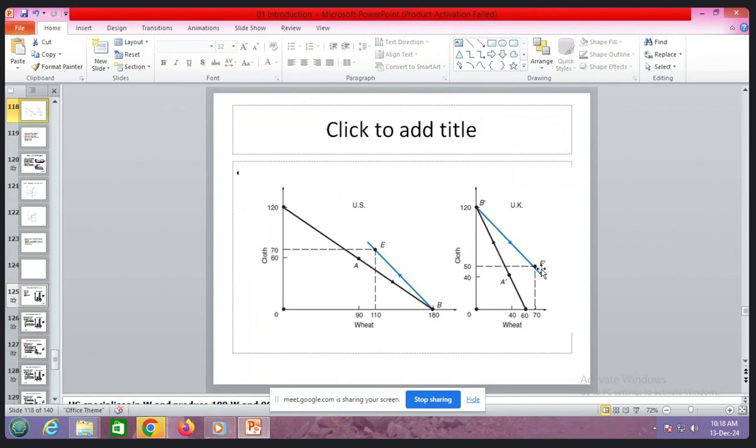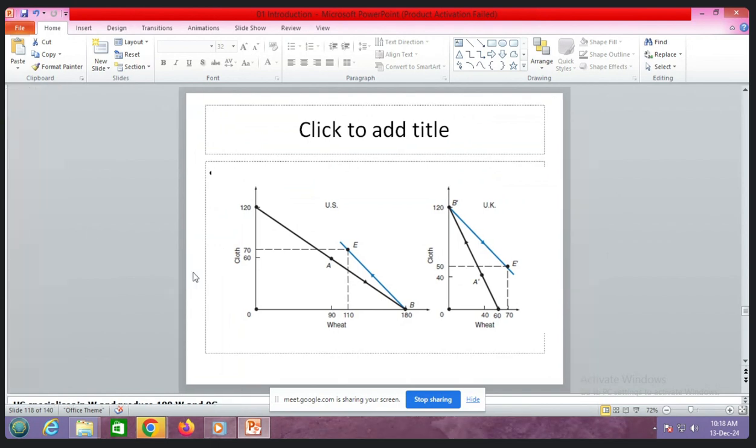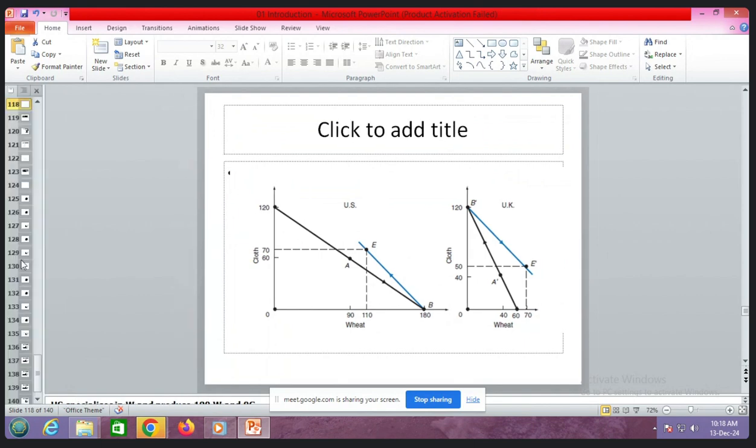Are the calculations clear, and why we have drawn this diagram? Is that clear to everyone? So what we are saying here is there are gains from trade. Without trading, you were only on point A and A prime. But after trading, you are exchanging 70 wheat for 70 cloth.